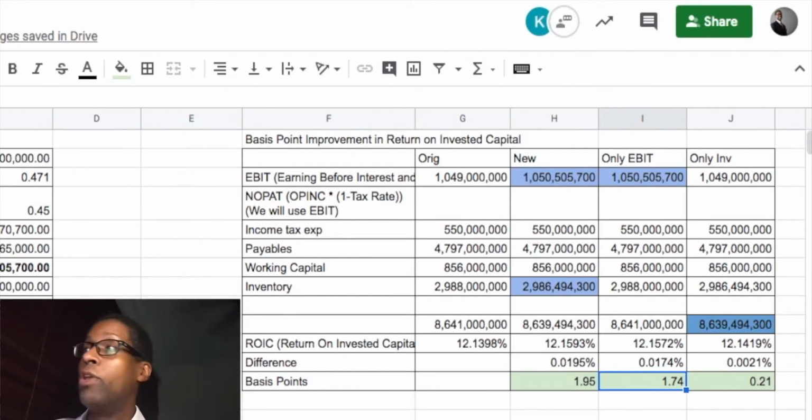1.7 basis points. But let's say I only improved inventory. If I only improved inventory, I left EBIT alone, and inventory had reduced, so my entire capital investment had reduced a bit. I see that my return on invested capital improvement is much smaller. In fact, I'm only getting a 0.2 basis point improvement.